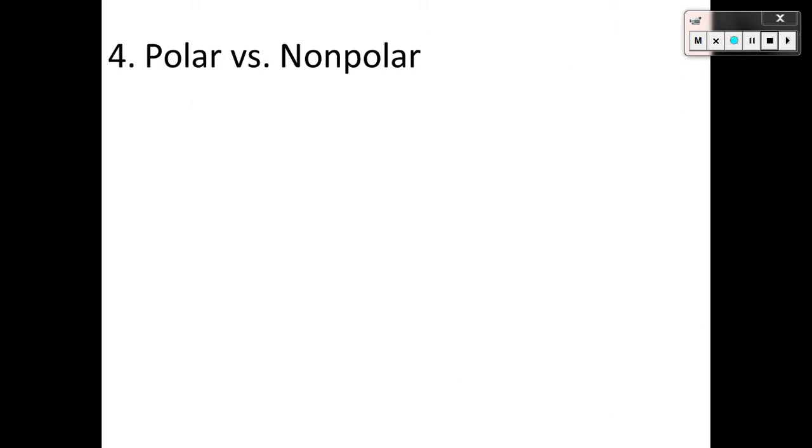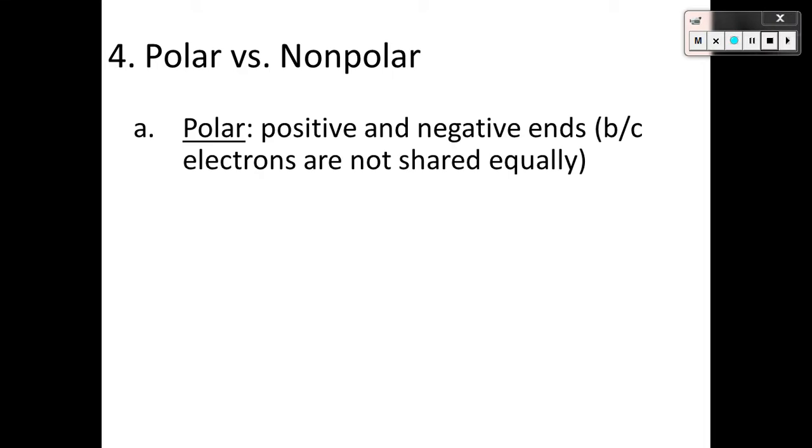So let's talk about polar versus nonpolar. Now, if you recall, okay, we say polar molecules, they have both a positive and a negative end. They're charged, right? So one side is a little bit more positive than the other side. And this is because there's an unequal sharing of those electrons. So electrons are negative, all right?